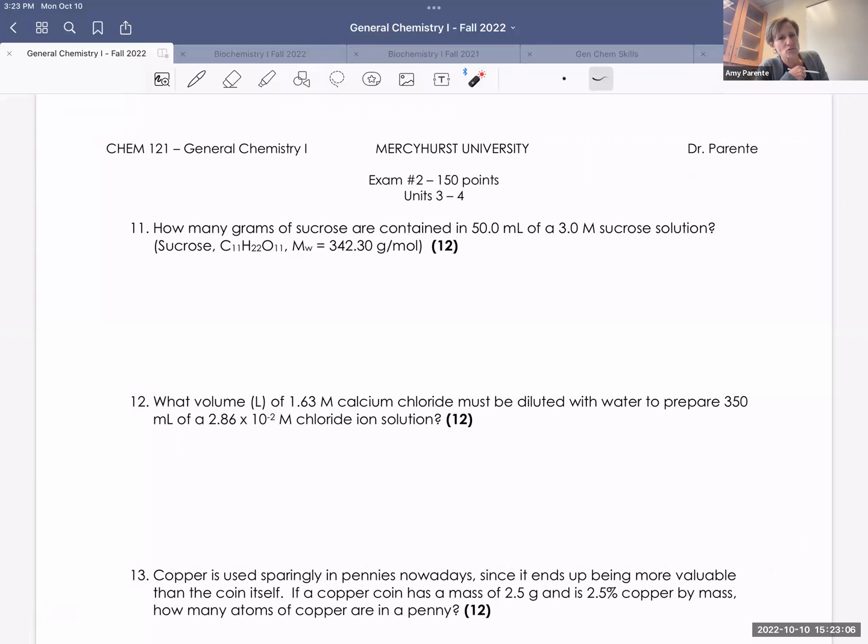How many grams of sucrose are contained in 50 milliliters of a 3 molar sucrose solution? So this is one where I have to walk between molarity and volume to get to moles. And this is asking me grams. Once I get to moles, I can go to grams using molecular weight. I will always give you molecular weights for problems, unless giving you the molecular weight cheats you out of having to know the molecular formula.